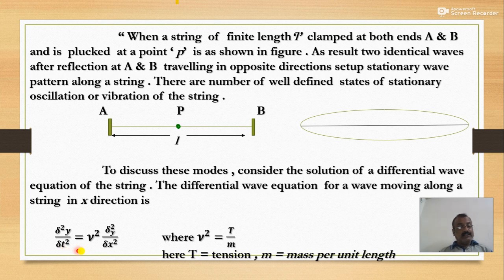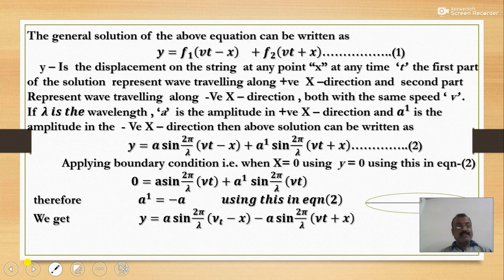We can write the general solution for this equation. The general solution for this equation is given by y is equal to f1 (vt minus x) plus f2 (vt plus x).